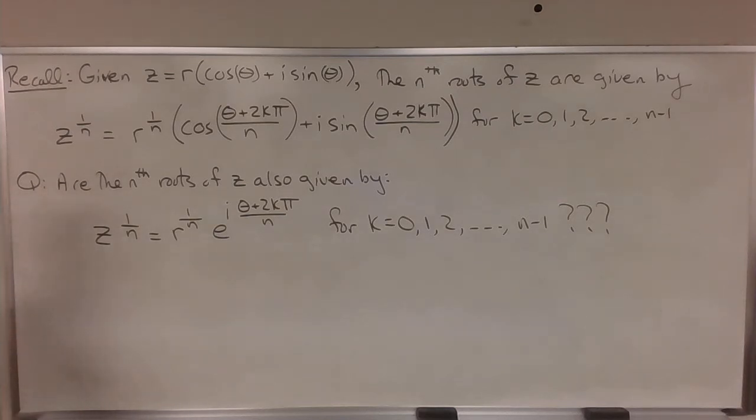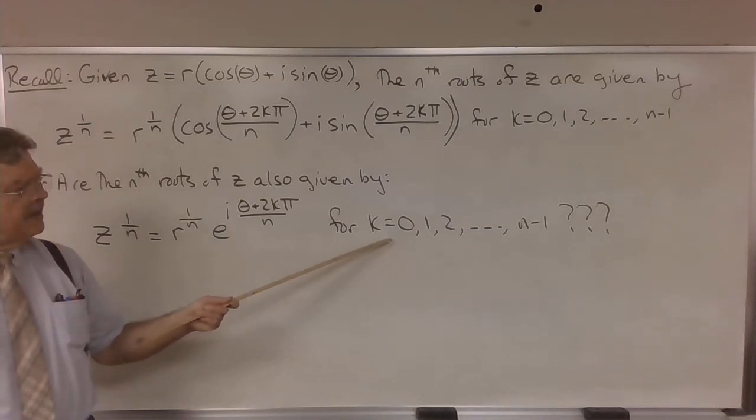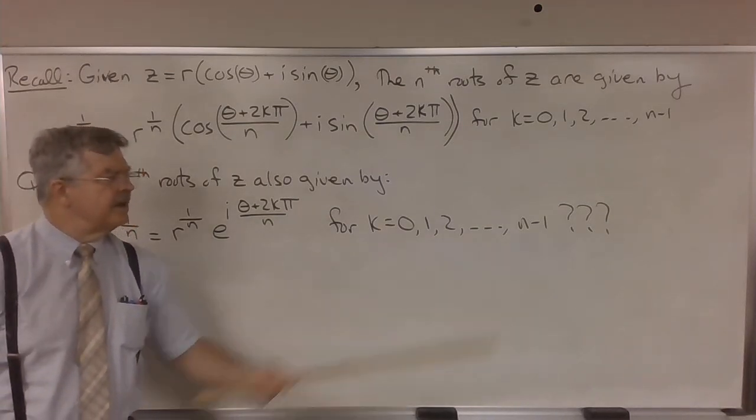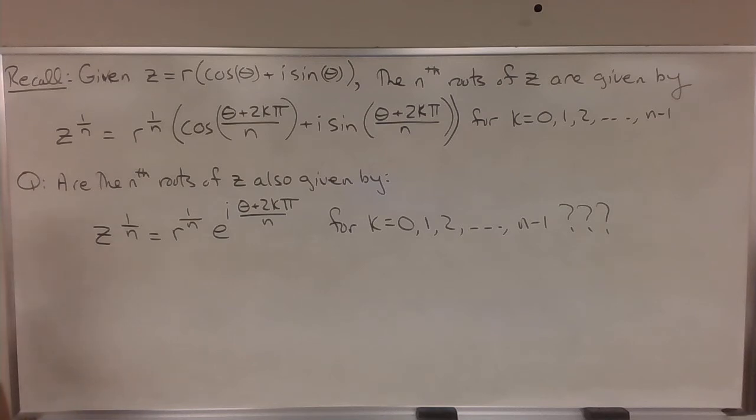So what we want to do is show that for any and all values k from 0 to n minus 1, this thing is the nth root of z. So first of all, we'll attack this exercise by answering in the affirmative, yes, that this does give the entire set of nth roots.